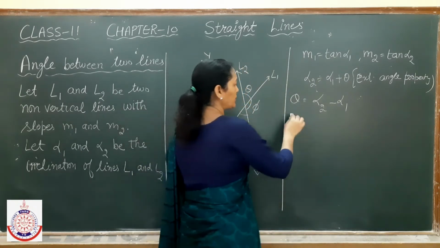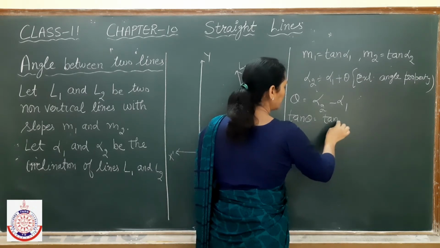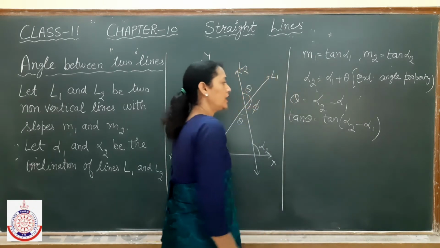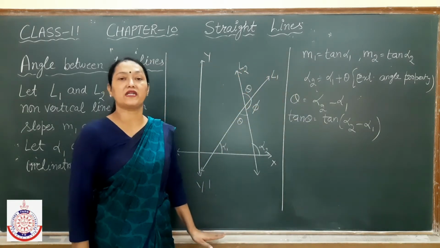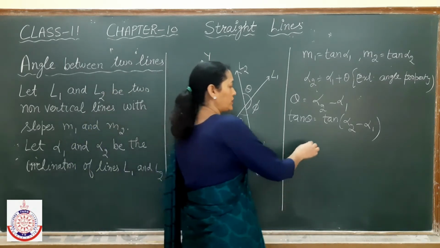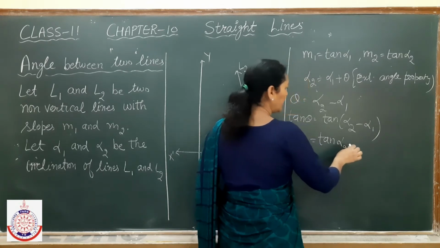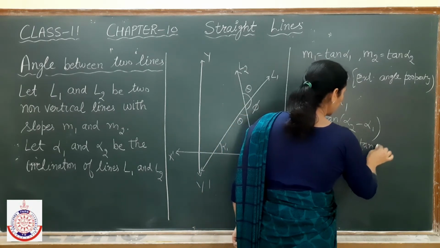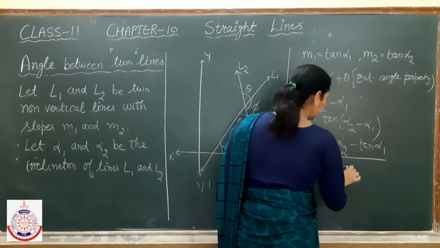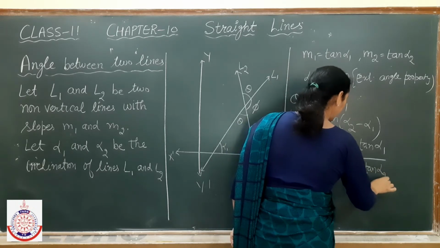We take tangent on both sides. Tangent theta is equal to tangent of alpha 2 minus alpha 1. In order to expand tangent of alpha 2 minus alpha 1, we will be using the formula of tangent A minus B. According to that formula, it will be tangent alpha 2 minus tangent alpha 1 upon 1 plus tangent alpha 1 tangent alpha 2.